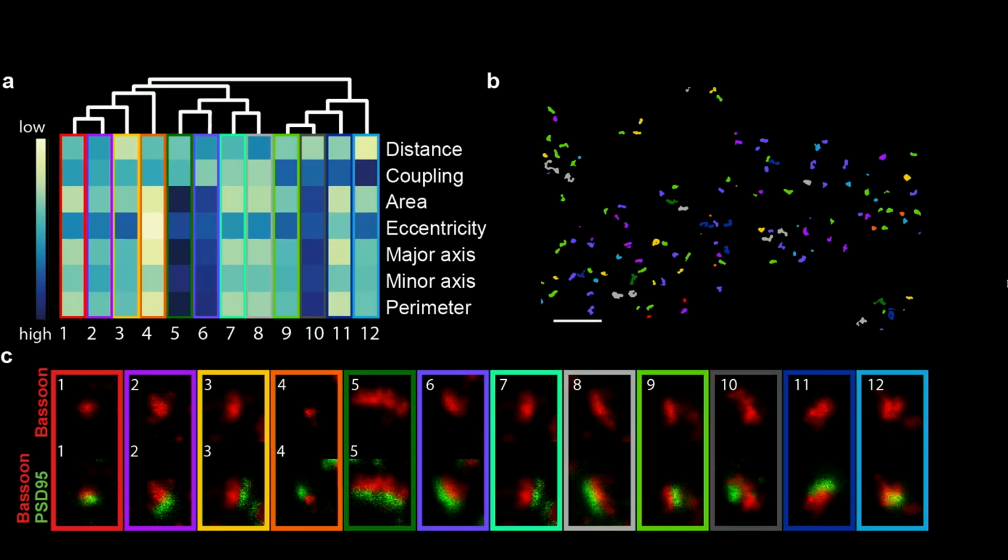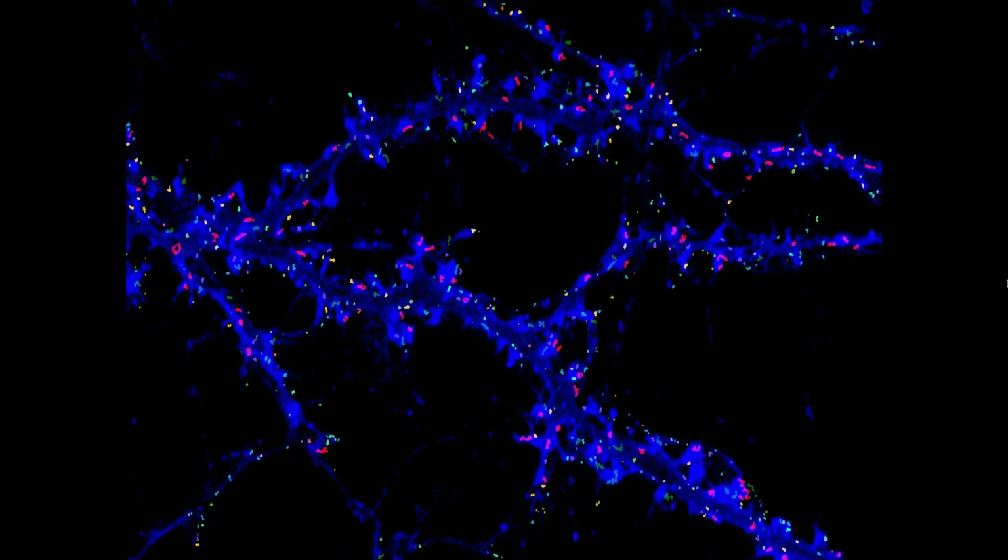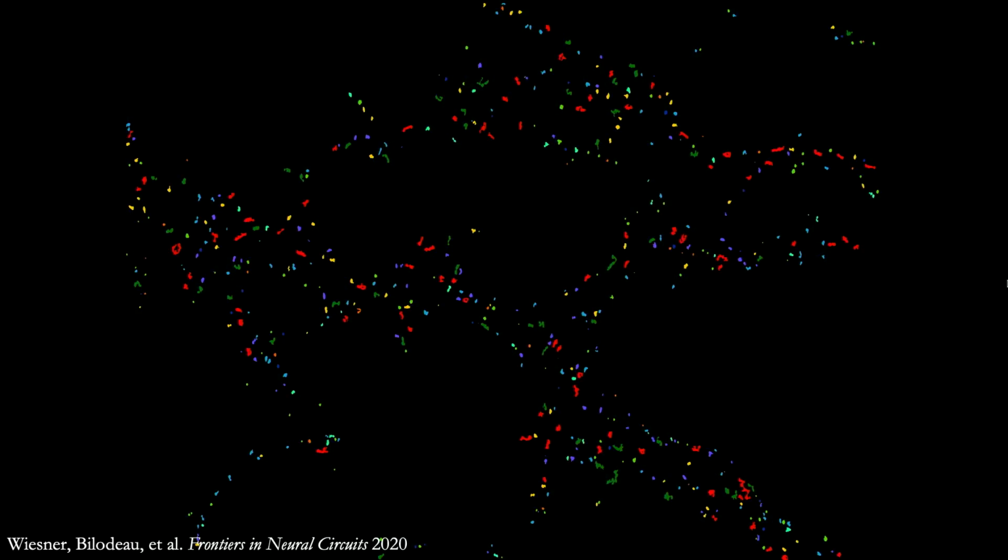We did that for different pairs of synaptic proteins and conditions, and could, for example, for this bassoon and PSD95 pair, identify 12 synaptic subtypes with distinct barcodes that we extracted from our data. This was completely without human supervision. This allowed us to create maps of our synapses in our images, and it was, of course, high throughput analysis.